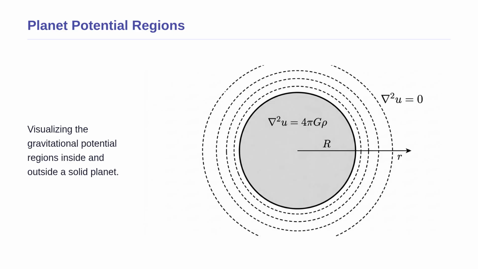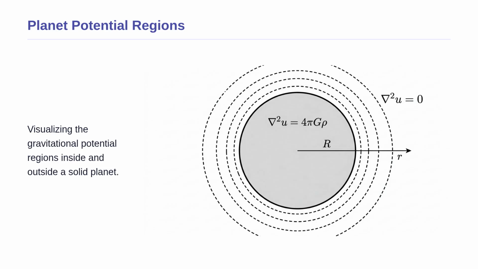Let us look at a diagram that visually summarizes the two different mathematical regions we just explored. In the center, you see the solid mass of the planet. Inside this region, the presence of matter forces us to use Poisson's equation, resulting in a potential that curves like a bowl.